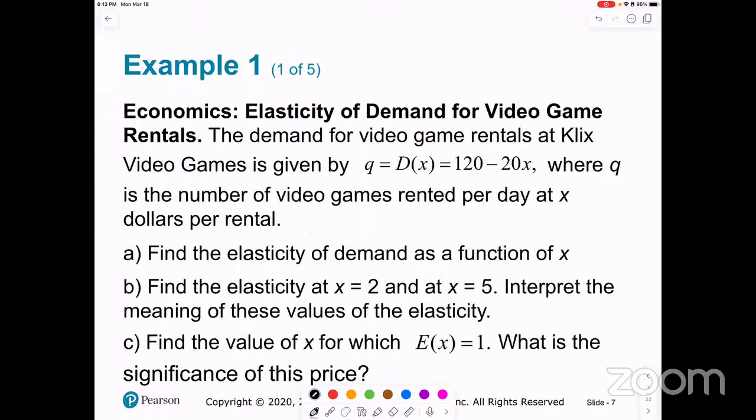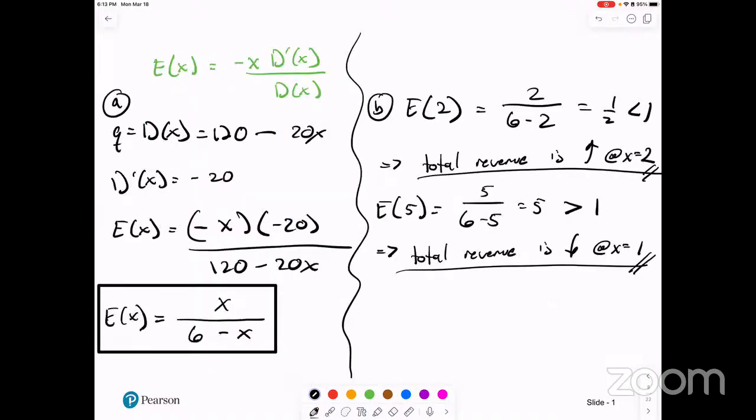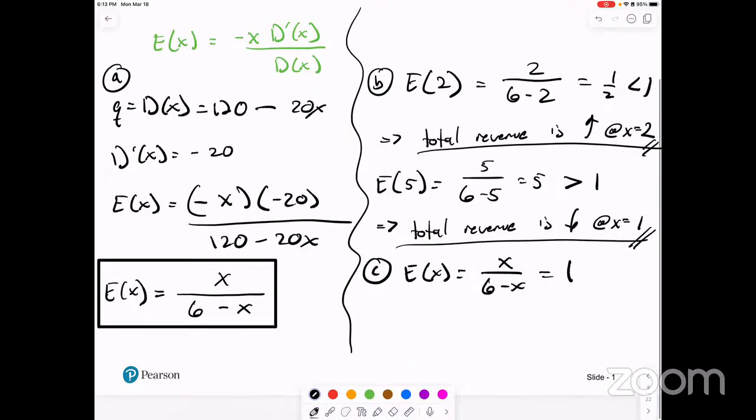And then find the value for which the elasticity is 1. So that's the max. That's to maximize the total revenue. Maybe we can fit that here. We want E of x to equal 1, which is this 6 minus x under x. We want that to equal 1. Okay. I am tempted to set it to 0. So if we subtract 1, we're going to be subtracting 6 minus x.